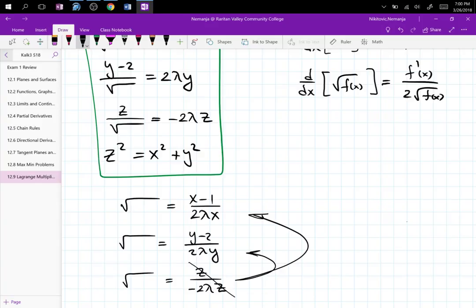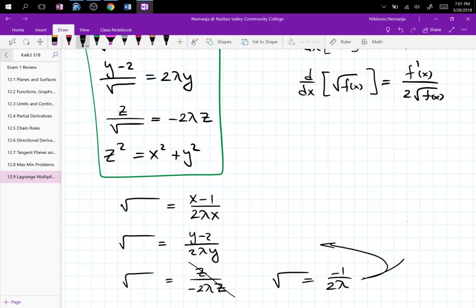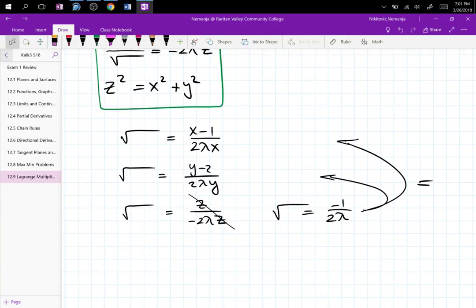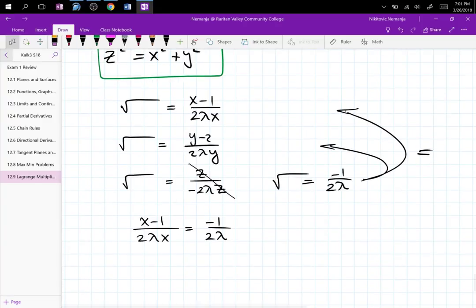So, I mean, right, we have that the square root is equal to negative 1 over 2 lambda, and now that gets equal to these equations because square root is equal to square root. So I have x minus 1 over 2 lambda x is equal to negative 1 over 2 lambda. And I also have y minus 2 over 2 lambda y is equal to negative 1 over 2 lambda.